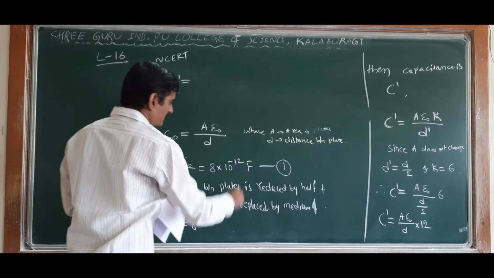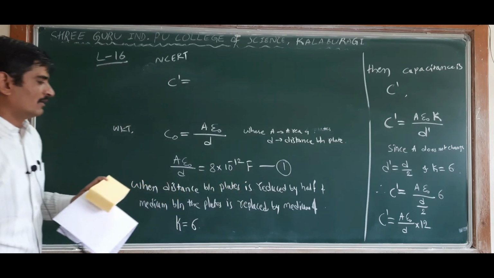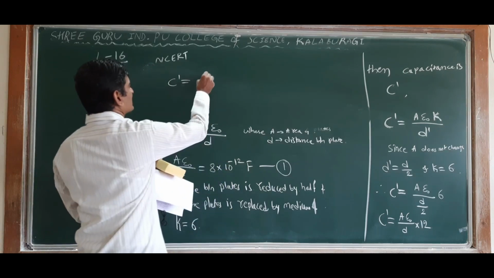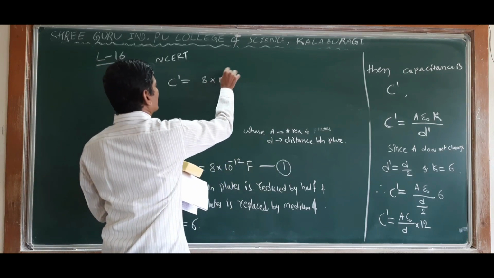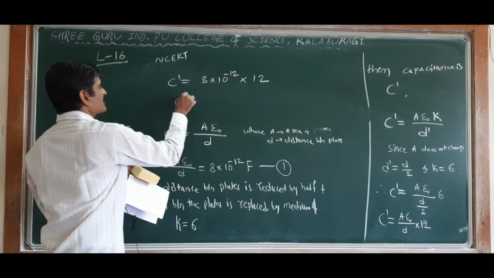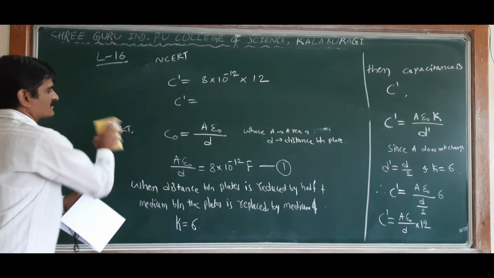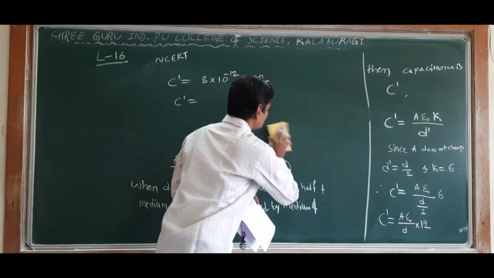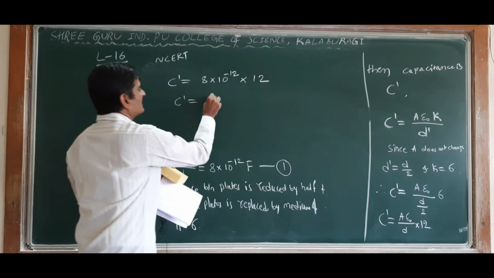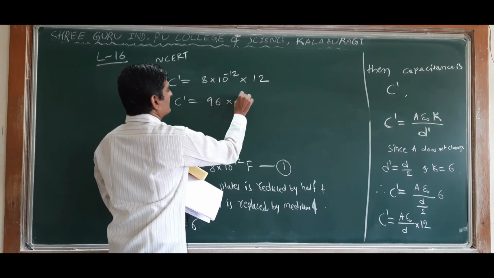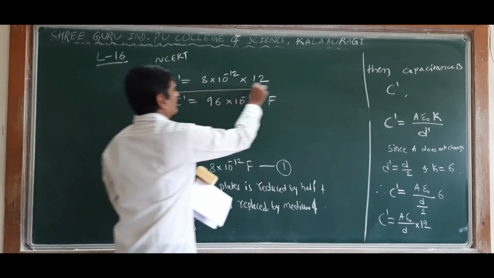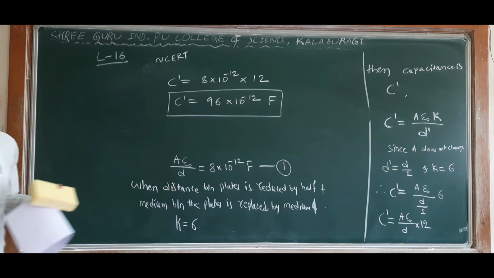And A epsilon naught divided by D value we know is 8 into 10 to the power minus 12. So 8 into 10 to the power minus 12 into 12, you get C dash is equal to 96 into 10 to the power minus 12 farad.